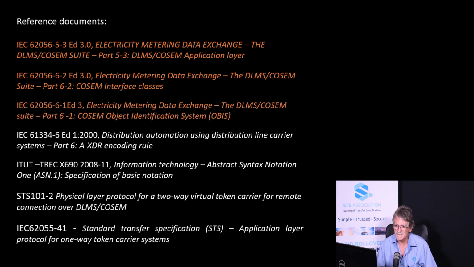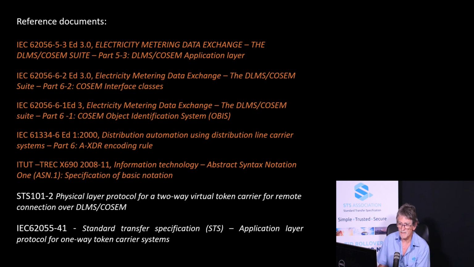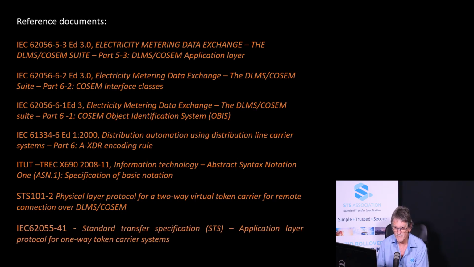You have 62056-6-1, which is the OBIS codes, and 61334-6, which is the AXDR encoding rule. In addition to that, we have the ITU-T X.690, which is the ASN1 specification of basic notation. You have the document we're discussing today, which is the STS101-2. And then you have, of course, the ever-present IEC 62055-41, which is essentially the STS standard.